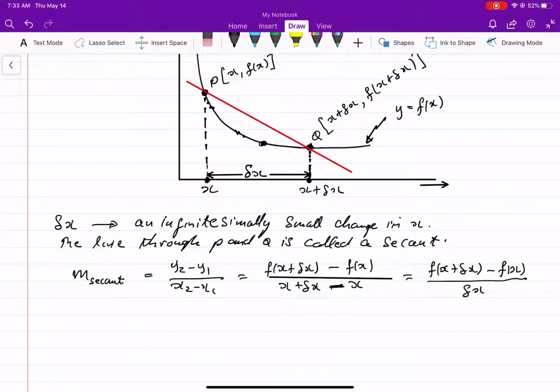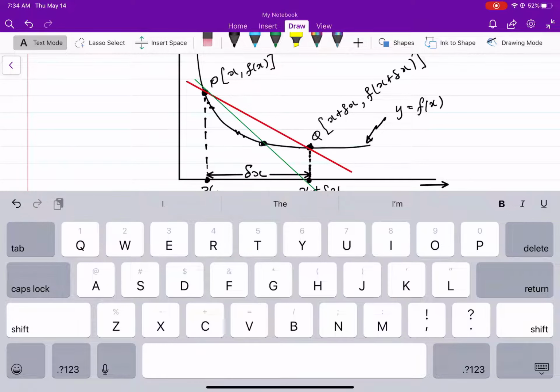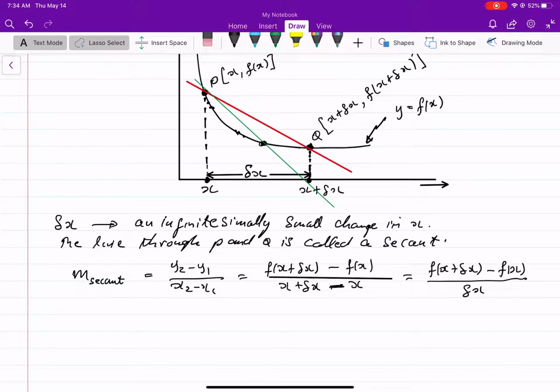Extend this a little further out. Well, that's the secant PQ. I'm spending a lot of my time editing instead of explaining. All right, so that's the secant PQ.